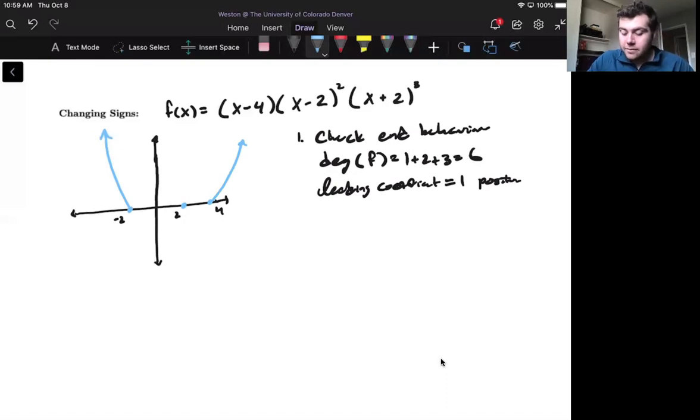And now, here's the trick that we get to do. We just want to check if the sign changes or not.